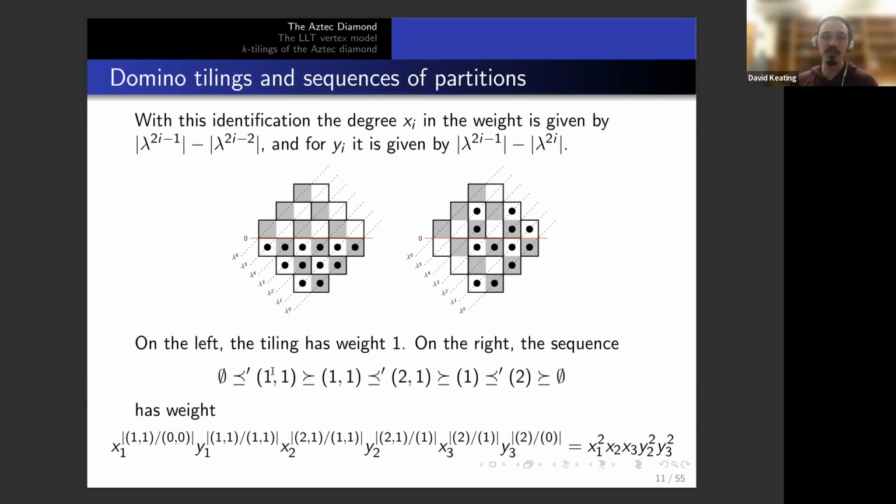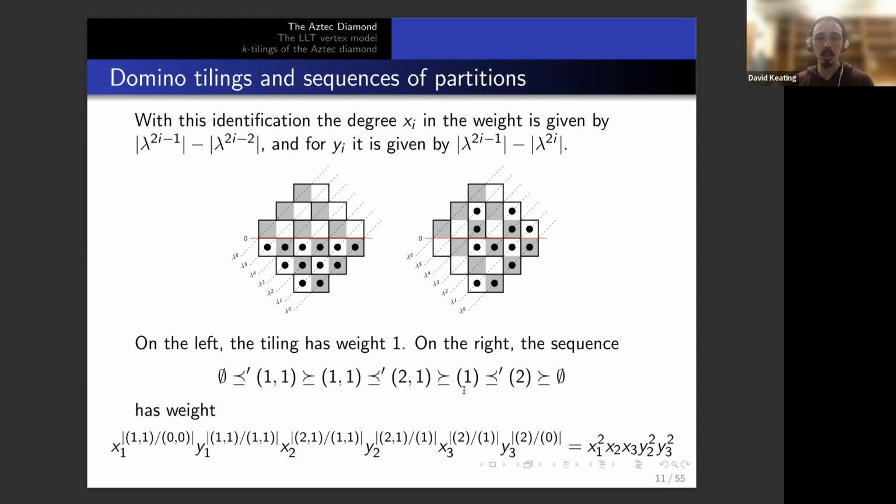This is a partition of size 2, and this is a partition of size 0. So we get 2 minus 0 is equal to 2, and that gives us x1 squared. And the same thing, you look at, say, the first interlacing, and these have the same size, so the difference is 0, so we have no y1s. And so from the partitions, you can read off the weight.